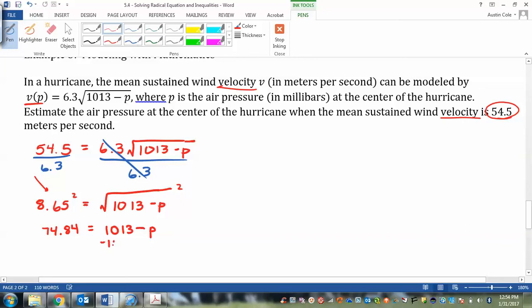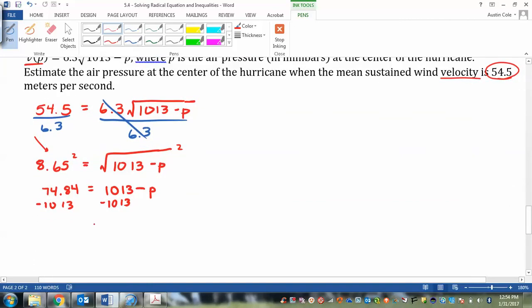Now I'm going to subtract 1,013 from both sides. So on the right, I'm going to get negative p, and on the left, it won't matter.